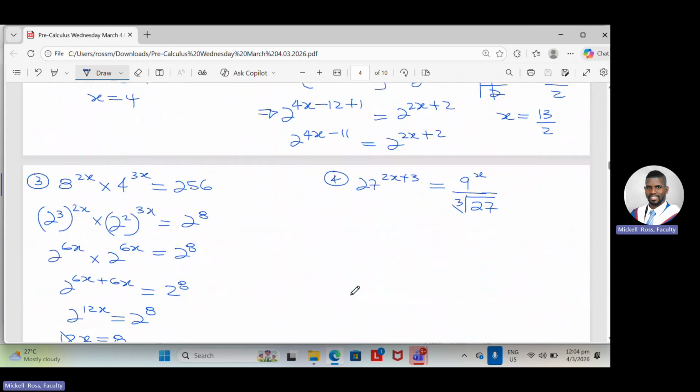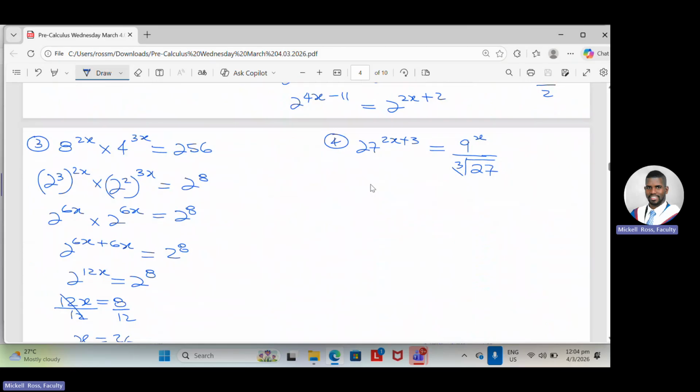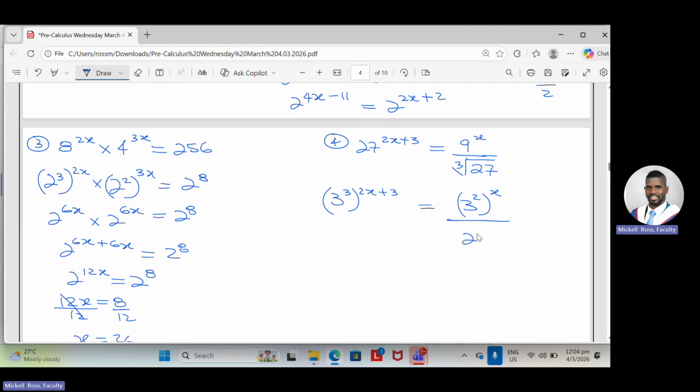So we can go ahead and write that this is going to be equal to 3 cubed to the power of 2x plus 3 equal to 3 squared to the power of x. And another way we can write this is 27, well, 3 cubed, because 27 is 3 cubed.